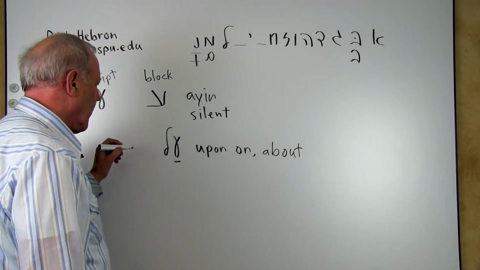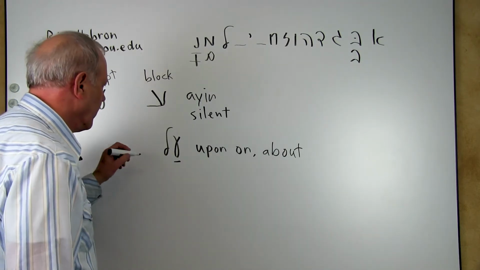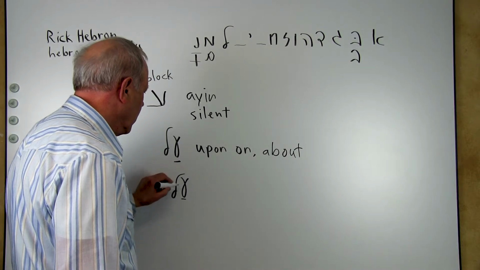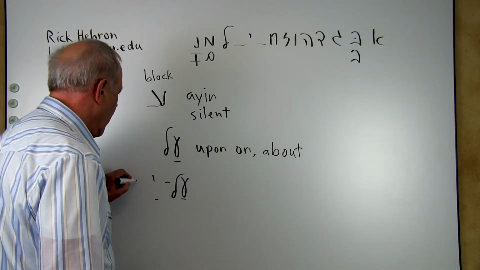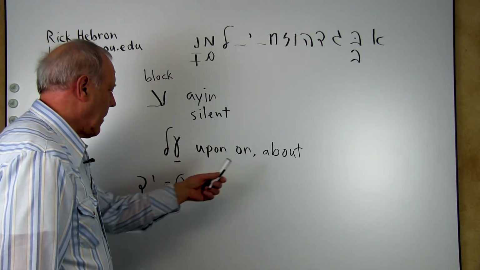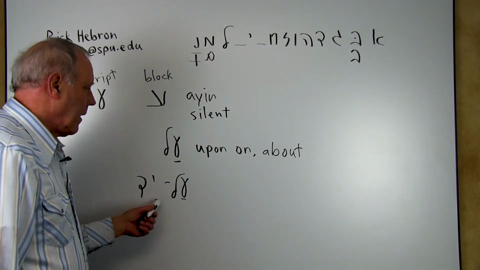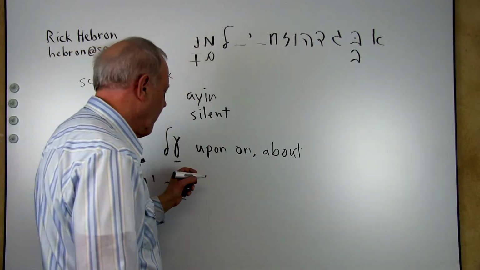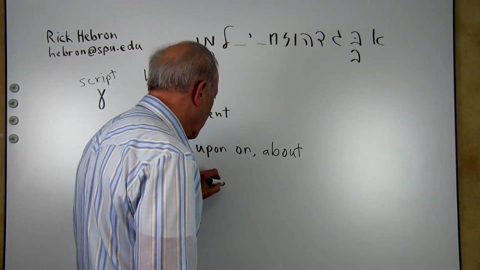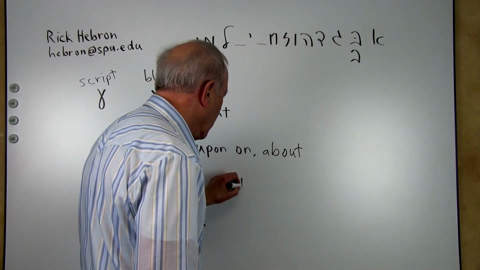What if we put it with the word for hand? Al yad. Al yad. This means upon or on or about, and the word for hand. It means nearby or near, at hand, if you wish.